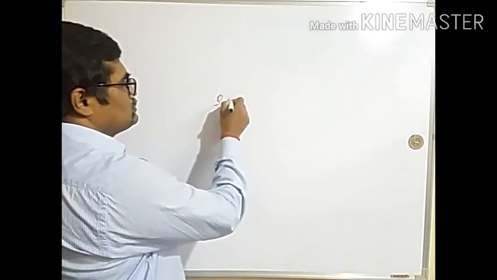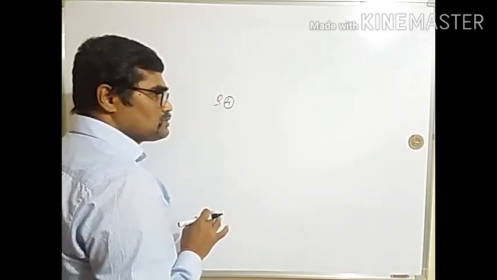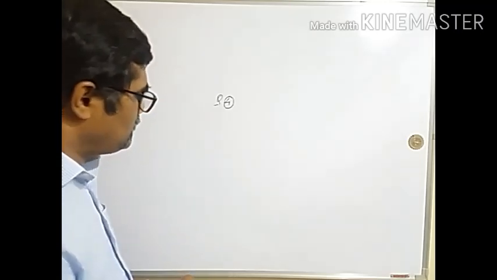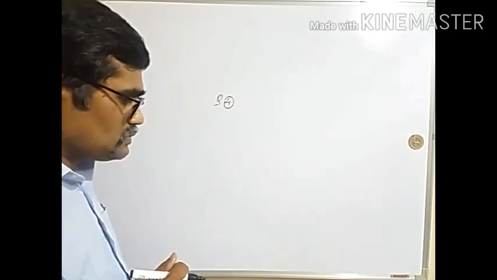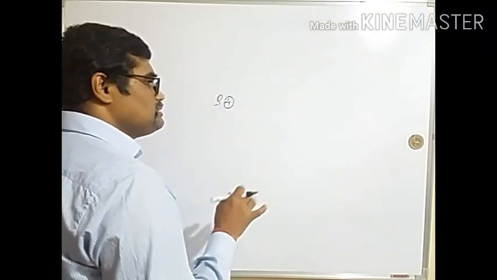क्वेश्चन नंबर 4. Question number 4. So what I am going to consider, right? एक प्रॉब्लम लेते हैं, उल्टा वाला लेते हैं, right? डिप्रेशन वाला लेते हैं, and then it will be easy for us.